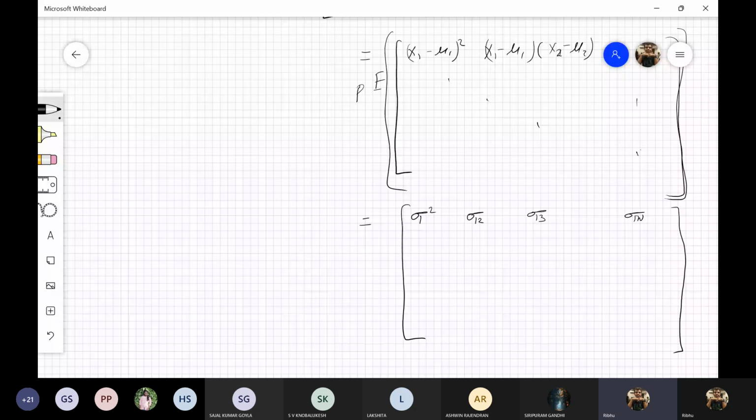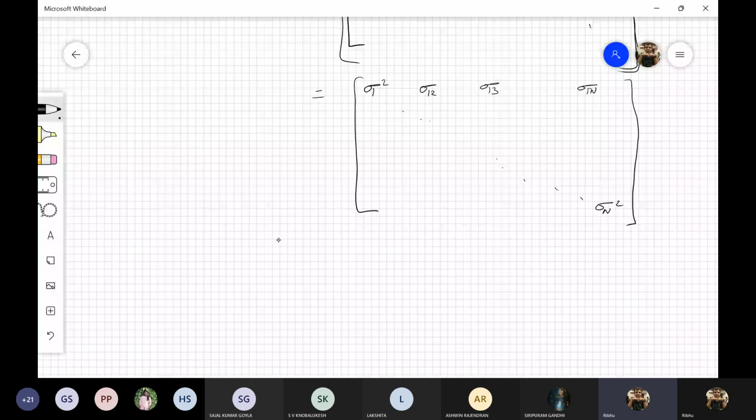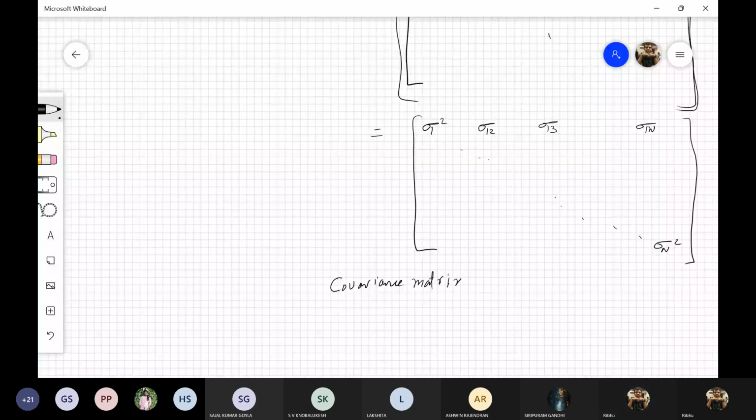I repeat, this is called the covariance matrix of a random vector.